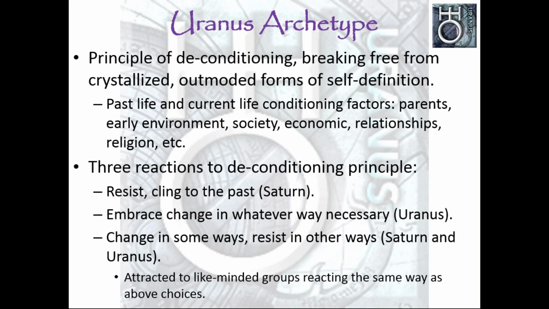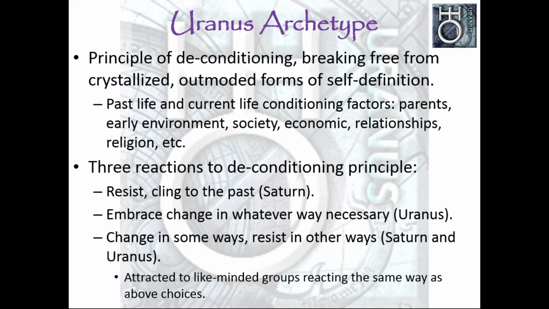Now, past life and current life conditioning factors make up all of this, and it can be everything. Those of you who have followed the classes over the years with me, I've come up with this term, our environmental conditionings, and we get that type of information as we look at a chart. It comes from the parents, our early environment, society, religion, the relationships we create, our economic conditioning factors, and how we move through the issues with resources on our own as an adult.